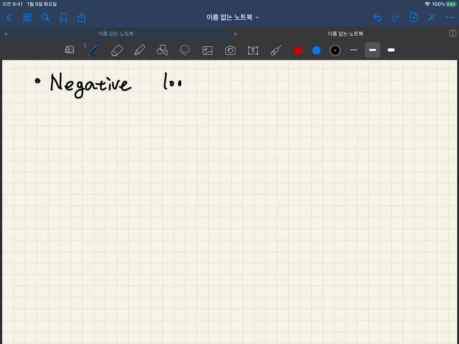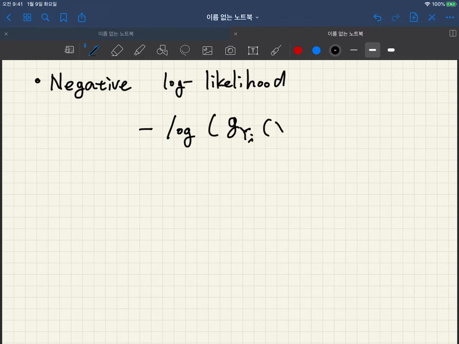Here the loss value is just minus log g_yi(xi), the negative log of the softmax value for the ground truth class yi of the given input xi.